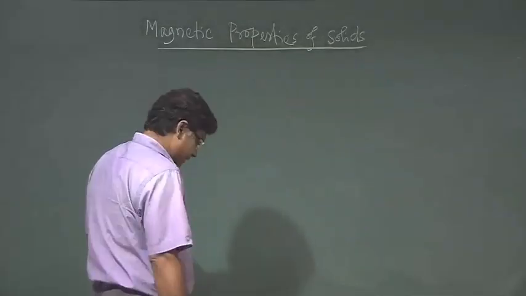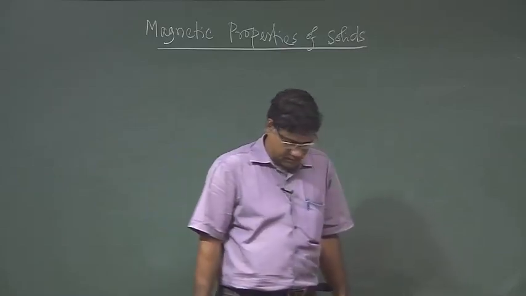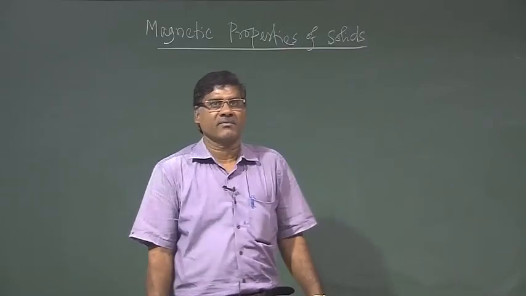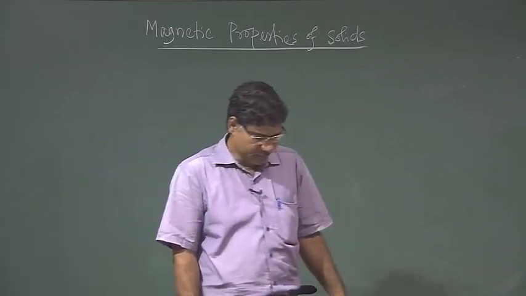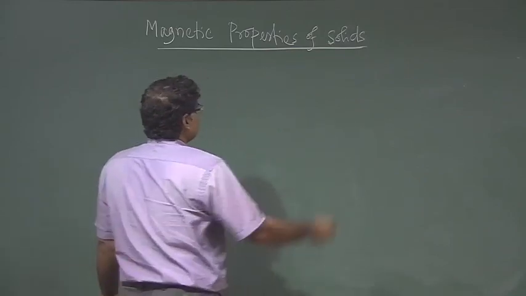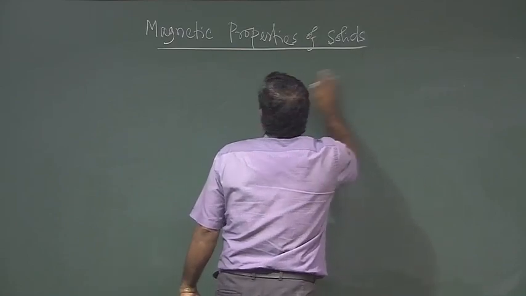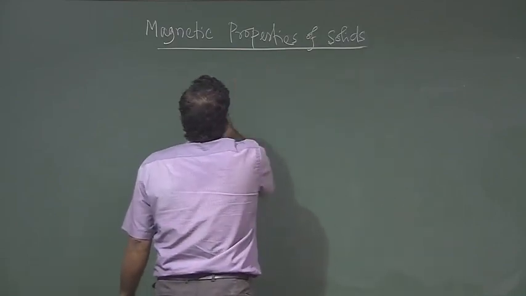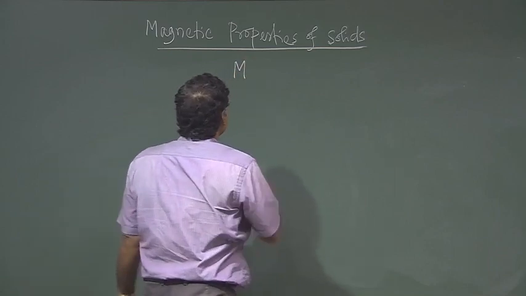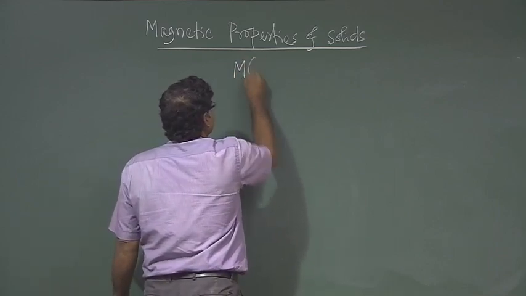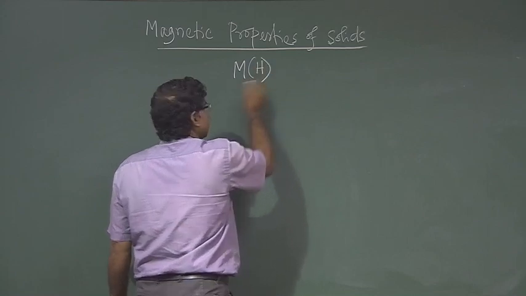So, we have seen that if we apply a magnetic field on a magnetic material, we can get some parameter, that is magnetization as a function of magnetic field.